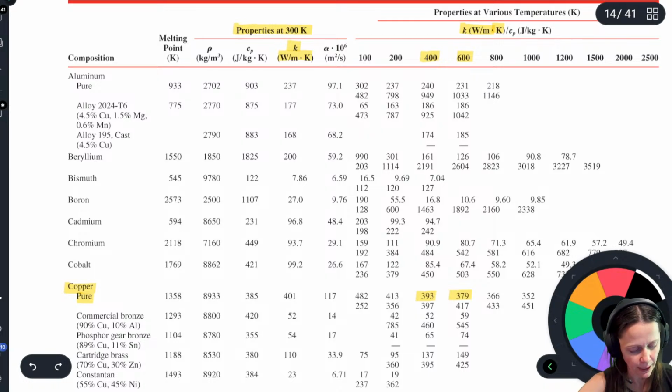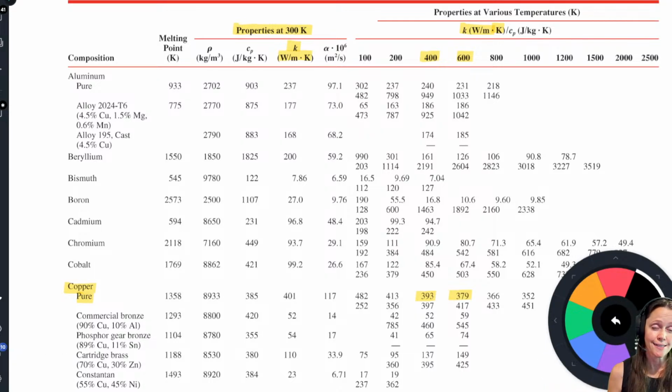Okay, so this is an interpolation problem that you'll need to do. If you do the interpolation right, it's going to be between 393 and 379. I end up getting 384. That seems to be within what's reasonable, so 384.4.